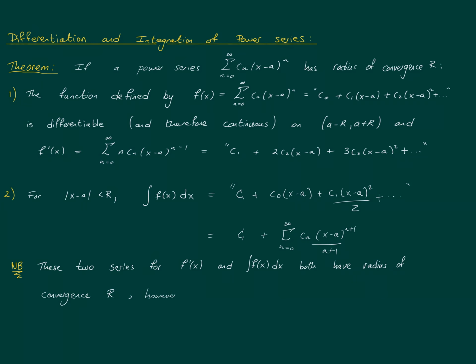However, the interval of convergence may change, as you may lose the endpoints. So it may change at the endpoints. So for absolute value of x minus a equal to r. So again, you have to check these, even for the derivative and the antiderivative, you have to check these individually.